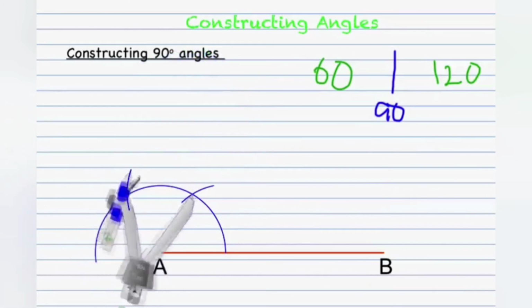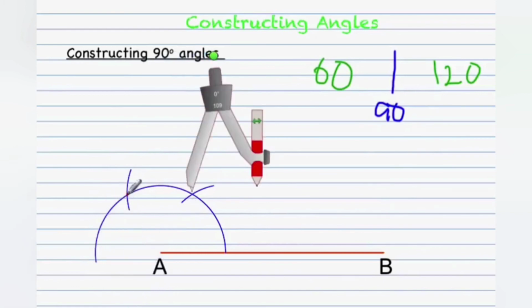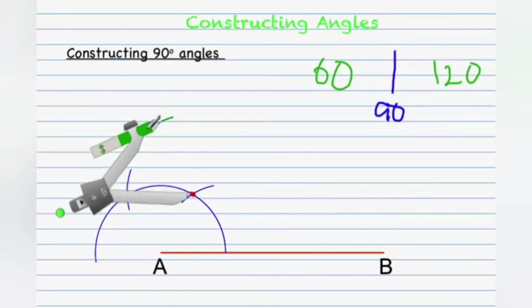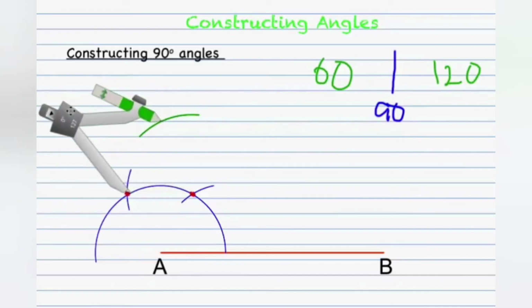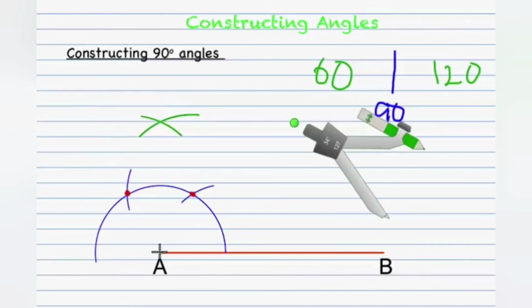Next, use this point of intersection to make an arc behind the first one, and this is your 120 degree mark. Next, use the 60 degree mark and the 120 degree mark to create arcs above. Now, if you connect a straight line from point A through the intersection above, then you have angle 90 degrees.